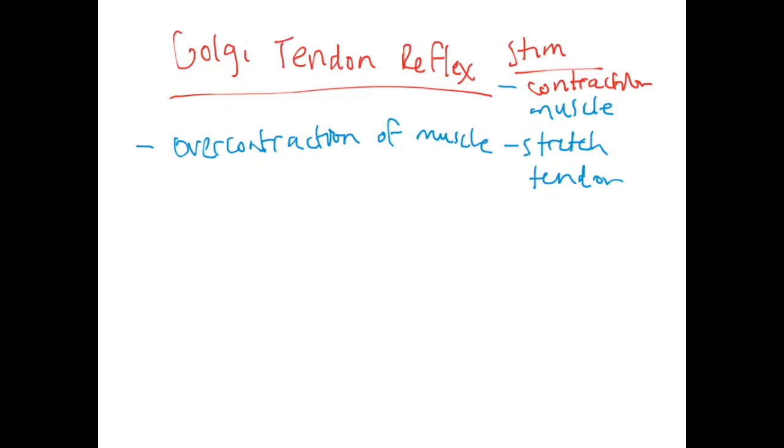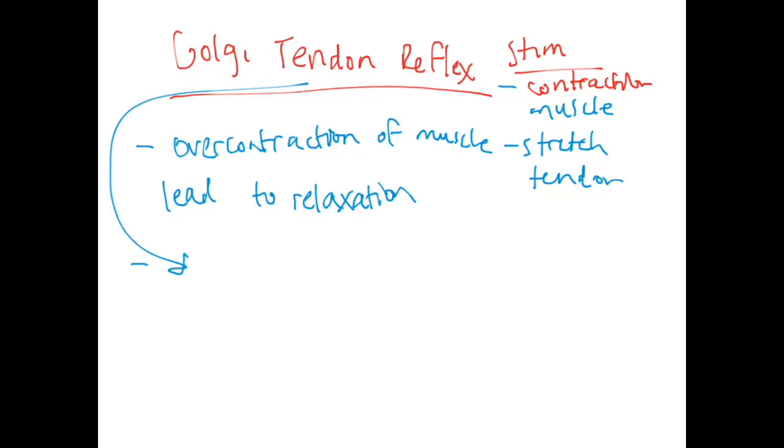This over-contraction of the muscle is going to lead to relaxation of that muscle. So we already said this Golgi tendon is going to act as our receptor. So it's detecting the stretch of the tendon.